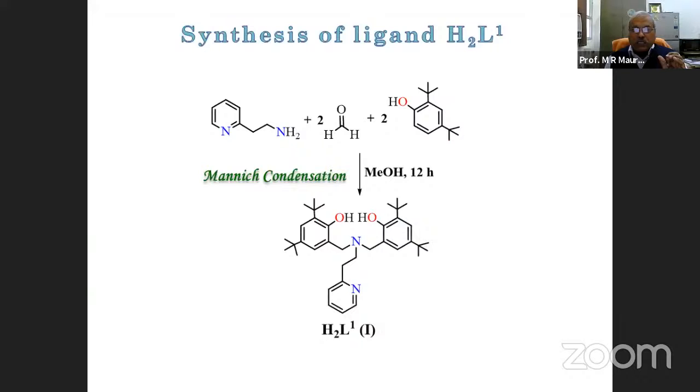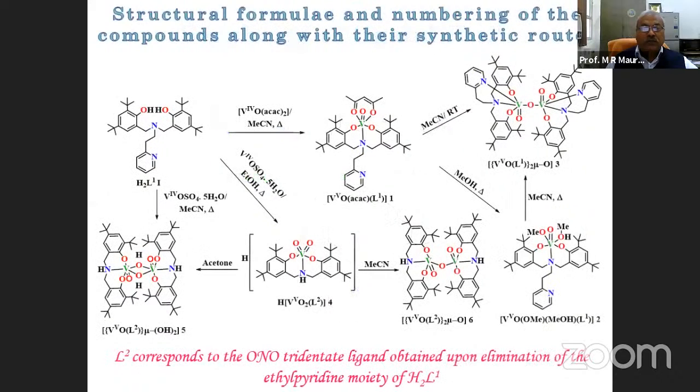Okay. I wanted to show you one more thing here: we extended this chemistry to many types of ligand. We designed this kind of ligand. Okay. And we tried to do similar chemistry, and you will see that with one ligand, simply by reacting with acetylacetonate in acetonitrile, it gives you the expected compound.